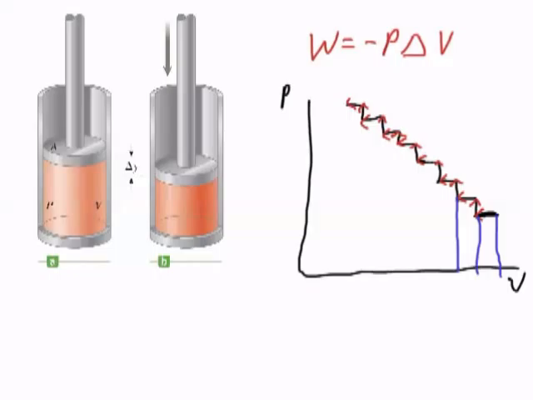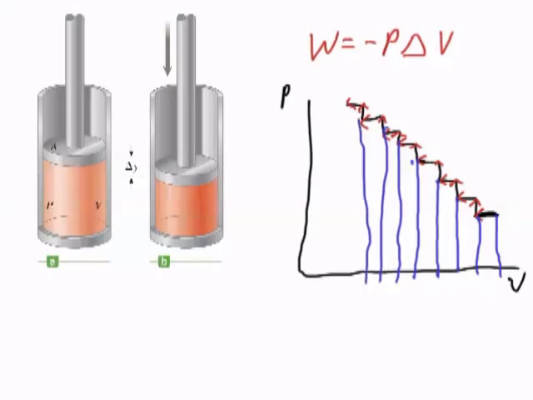During each of these phases of decreasing volume, you could say that the pressure is relatively constant during each phase. And so the work done during this phase is going to be this pressure times this change in volume, and the work done during this phase is this pressure times this change in volume.